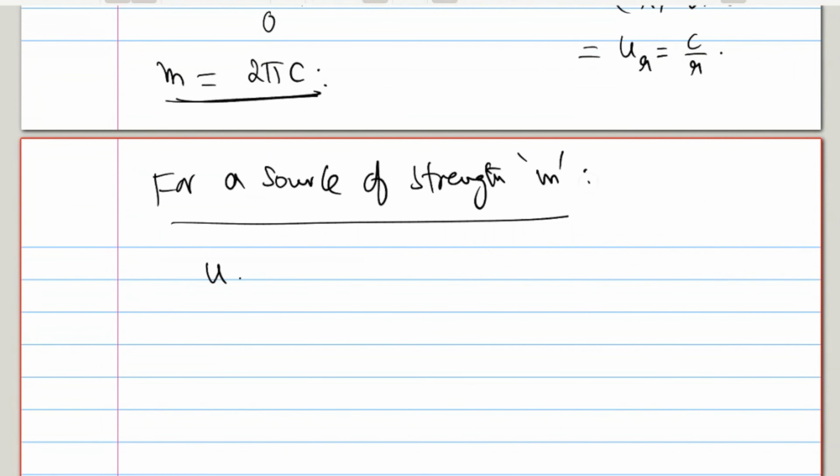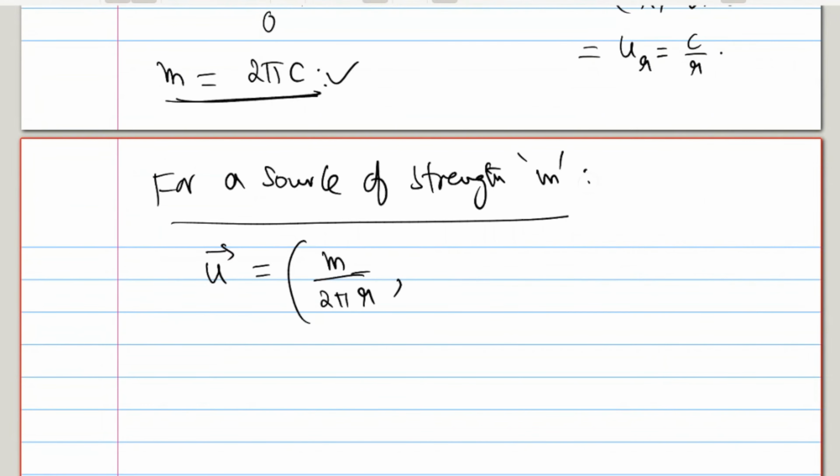What is your U bar equal to? U r is C by r, and C is M by 2 pi. From this you can get C equal to M by 2 pi, if M is given. So M divided by 2 pi r into r cap component.